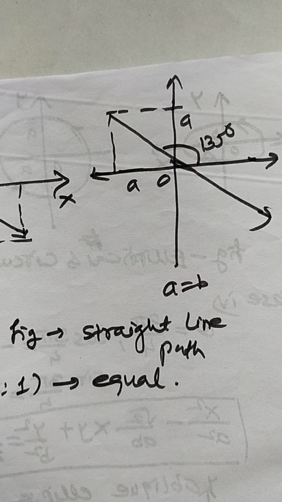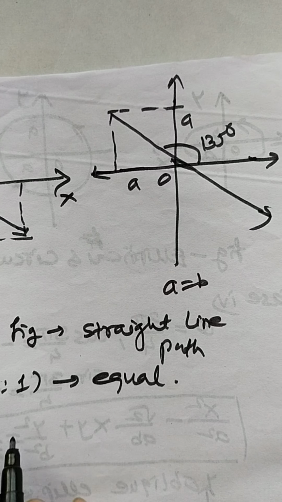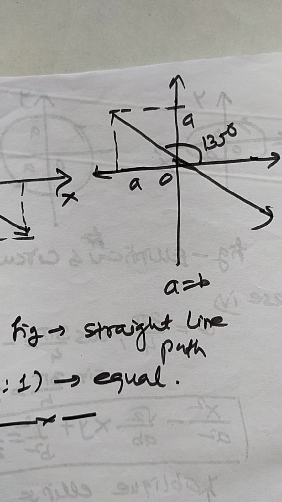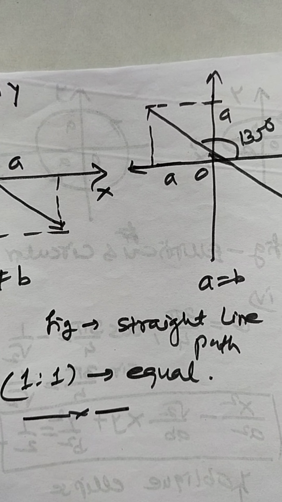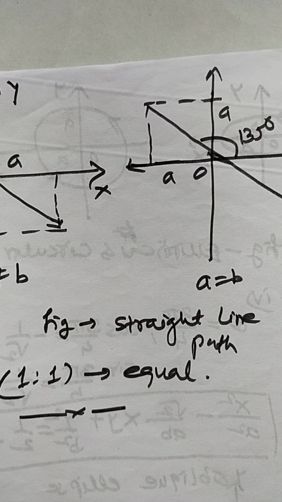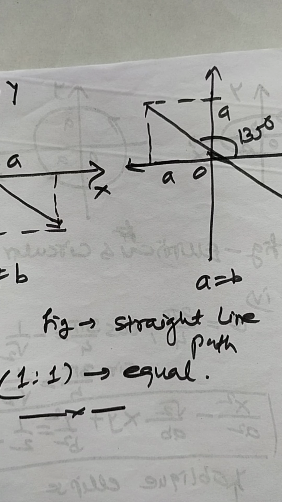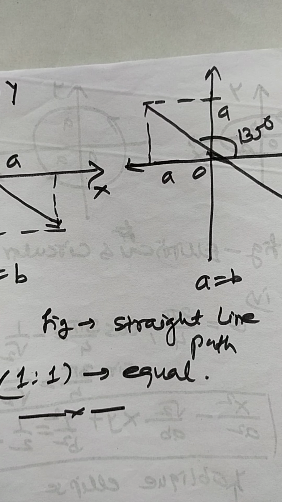If the amplitudes are also equal, then the phase difference alone determines the nature of the resultant motion. Okay, so this is the composition of two linear perpendicular SHMs for the frequency ratio 1:1.